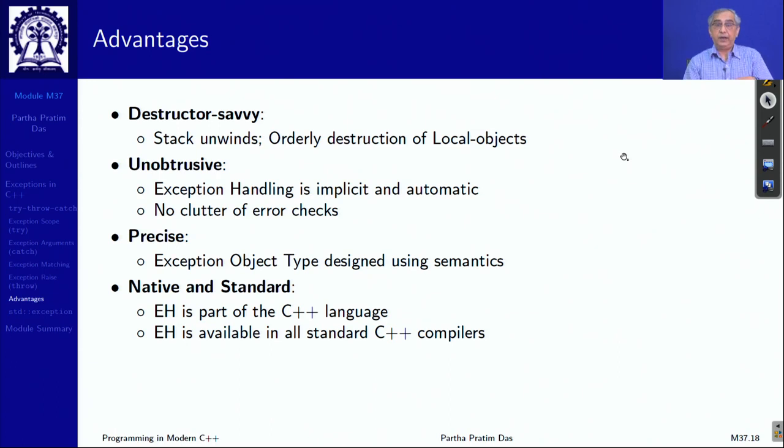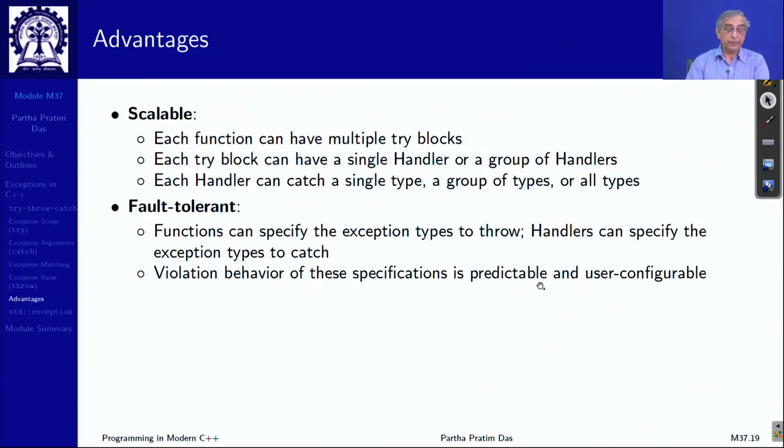Certainly, there are a lot of advantages of exceptions: destructor savvy, unobtrusive, precise, they are native and standard because they are part of the language. These are the shortcomings that we had noted for C. Now, in C++, they are really the strengths.